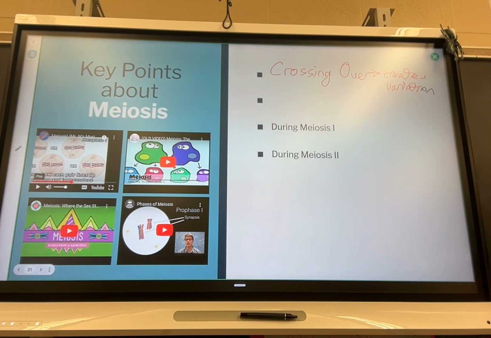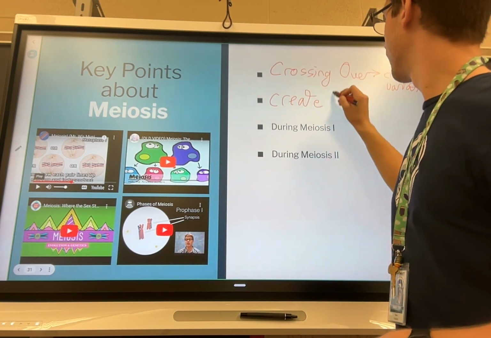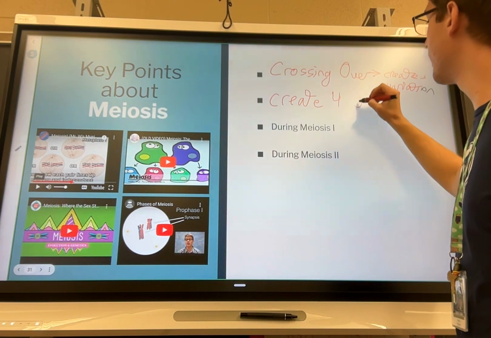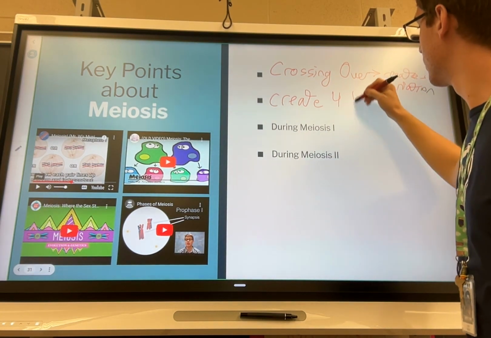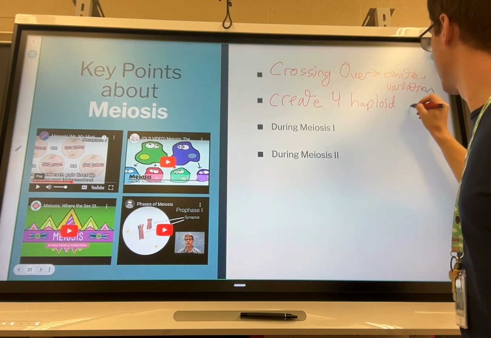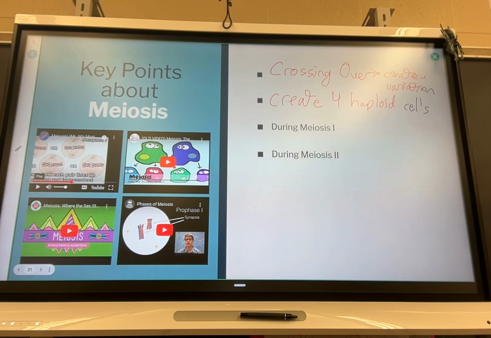If it has one copy, as opposed to normally we have 2, we have haploids. We are going to create 4 haploid cells. So we're going to create 4 haploid cells.